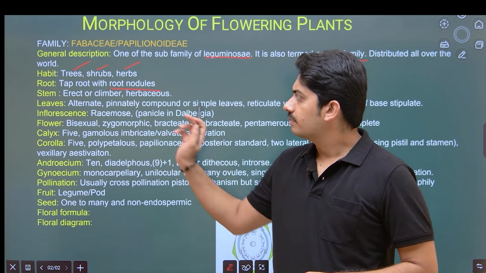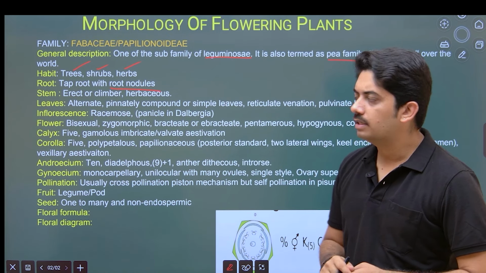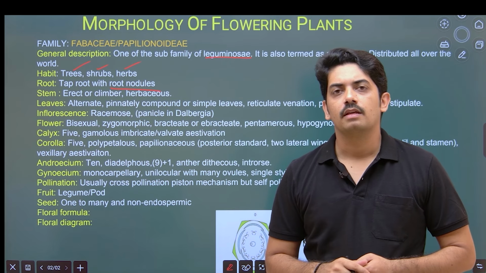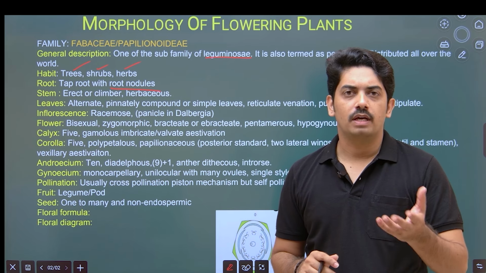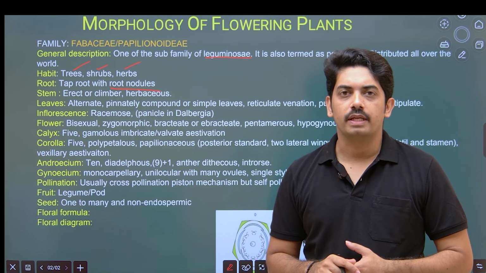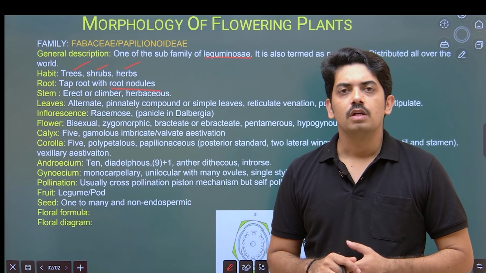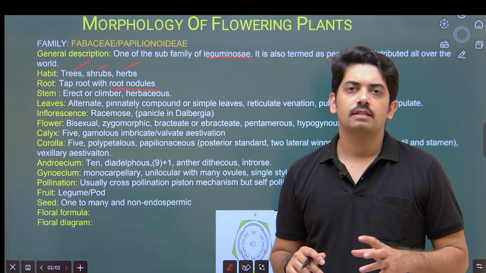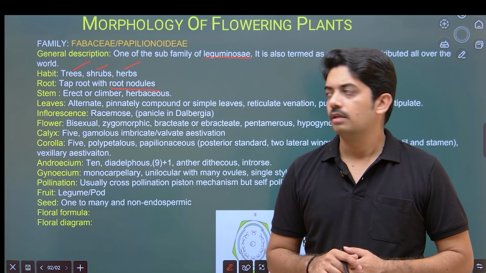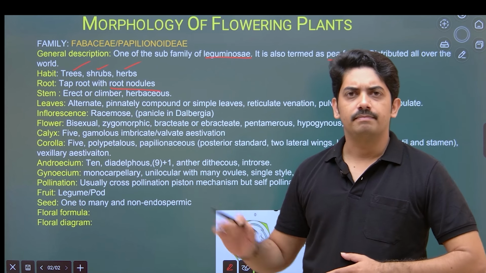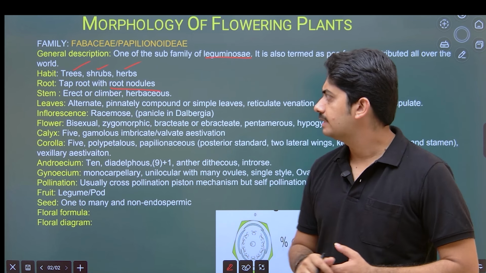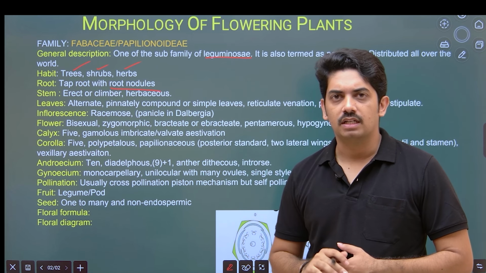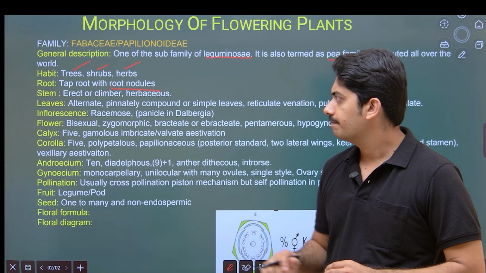Next, stem, erect or climber, herbaceous. Here most of you have observed Clitoria. This plant is a climber. Okay, most of them they are trees and some of them are herbs, very weak stemmed plants.